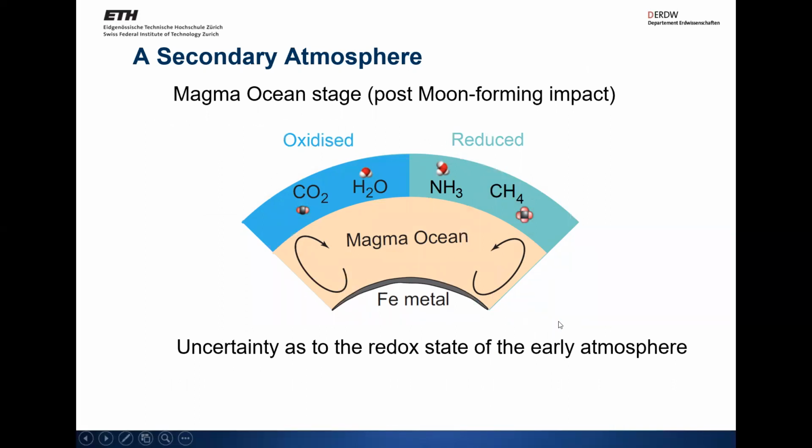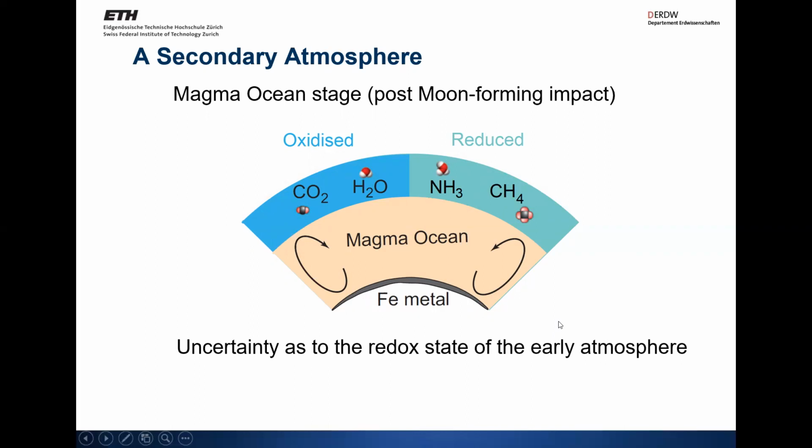This temperature increase can be estimated given the heat capacity of rock, and it turns out that the temperature increase is of the order of about 6,000 Kelvin. Because the liquidus temperature of peridotite, i.e. the rock that forms the bulk of the Earth's mantle, is about 2,000 Kelvin or slightly above, we're able to not only melt the mantle, but also vaporize a significant quantity of rock at the same time.